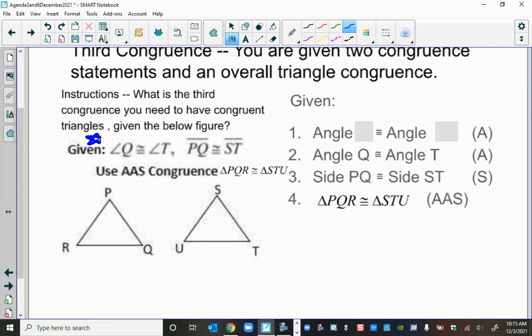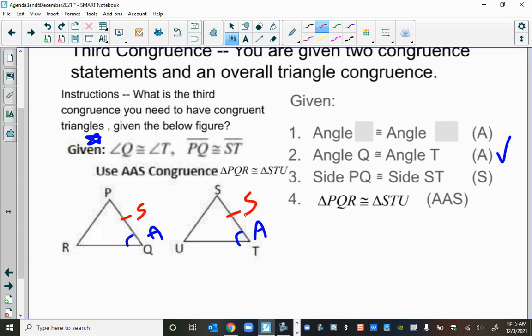T and Q, Q and T? Yep. All right, so that's an angle. We all agree that's an angle, right? Now, what else was given to us? PQ and ST, what are they called? What are both of those things called? Sides. That's a side.